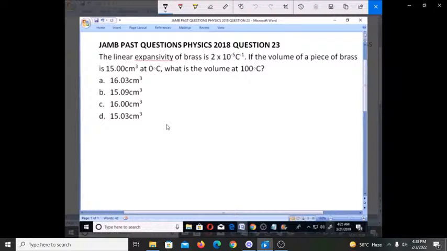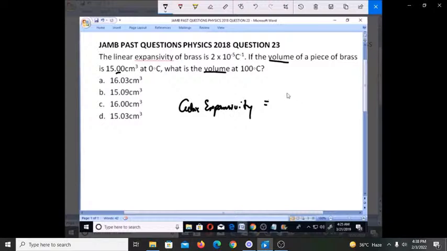Now, for us to be able to appreciate this question, we need to know what the linear expansivity formula states, or what cubic expansivity is. Now, when you're talking about volumes of expansion, we are talking about cubic expansivity or volume expansivity. And what is this expansivity in terms of volume?